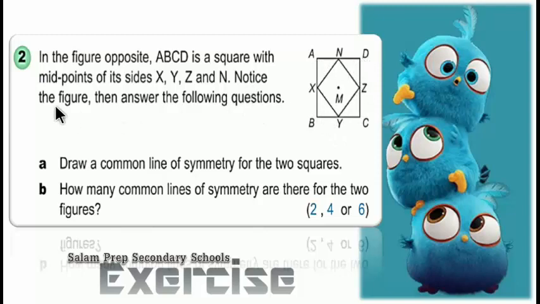Note the figure, then answer the following questions. Draw a common line of symmetry for the 2 squares. How many common lines of symmetry are there for the 2 figures? Do with me. The first common line of symmetry and why?